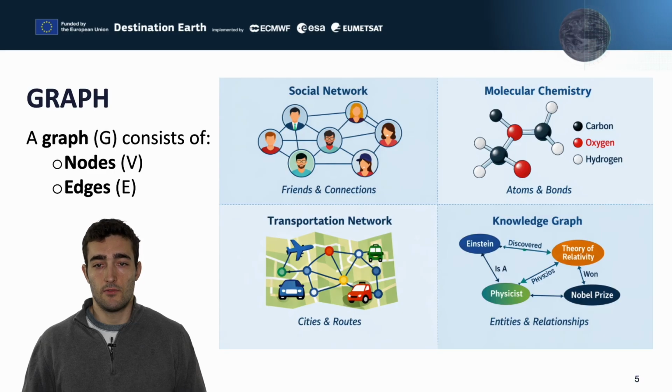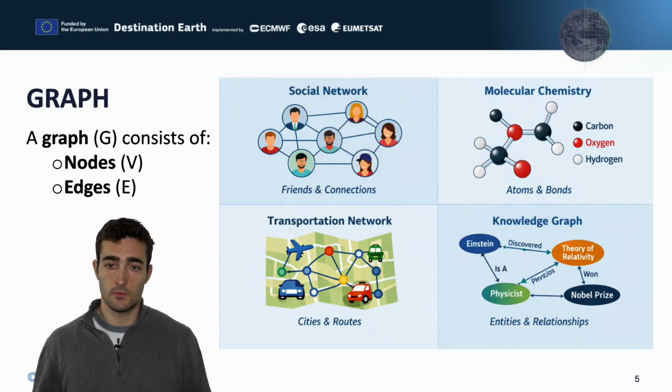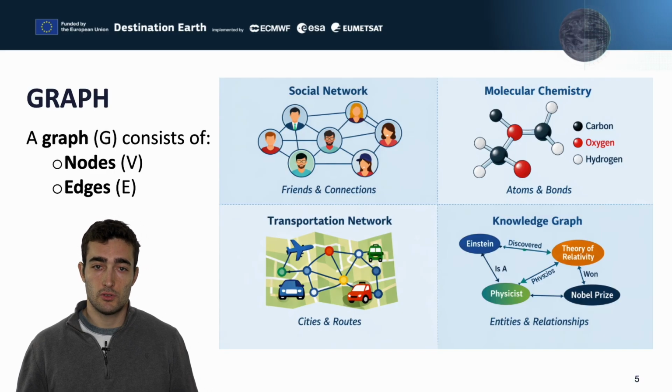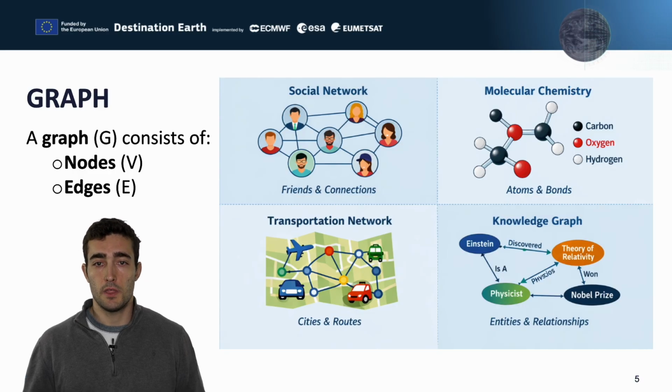For example, social networks, where we can represent different people with nodes, and then with edges the connection or relationship between them. It is also used for representing molecules, where we can use this same graph structure, and again for transportation.